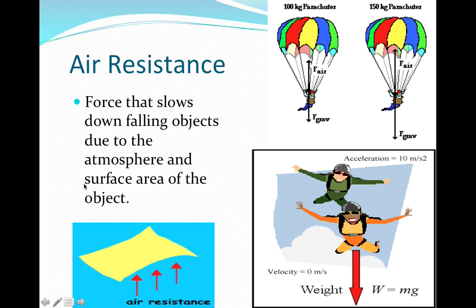It's like a parachutist or a person in the military parachuting to a location: they open up the parachute, it catches the wind, and it slows them down, versus if they were just falling from the air. So air resistance is this force, and it typically will slow down falling objects.